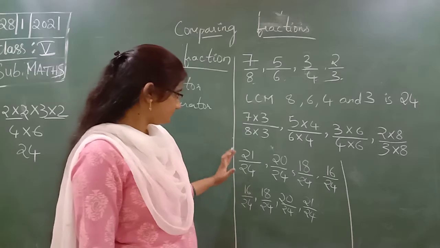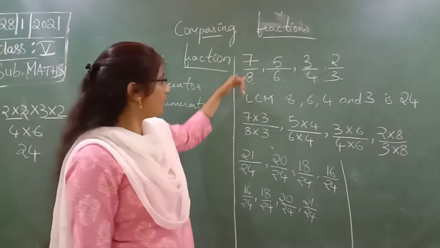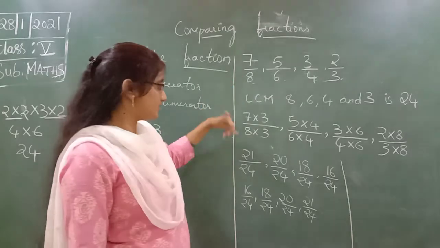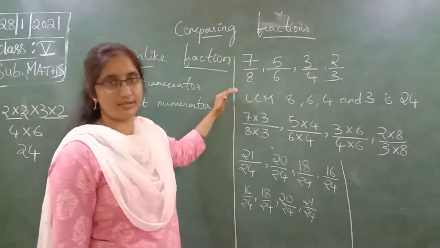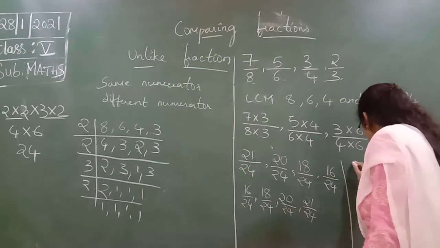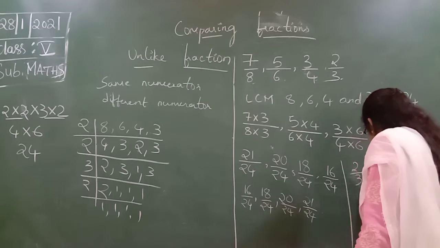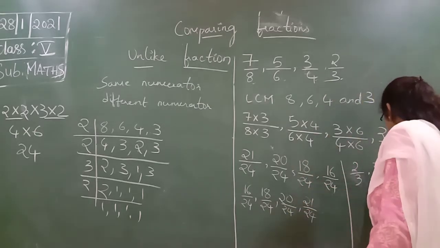Now, we have derived these values from these fractions, so we have to put them in the same order. 16 by 24 is derived from 2 by 3, so 2 by 3. Next, 18 by 24 is 3 by 4.